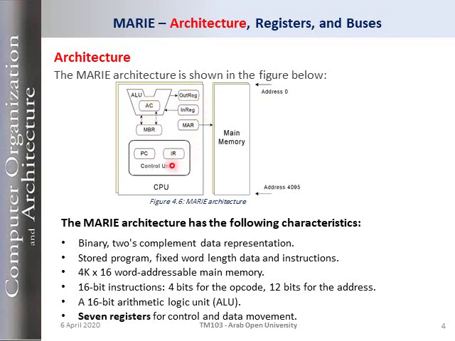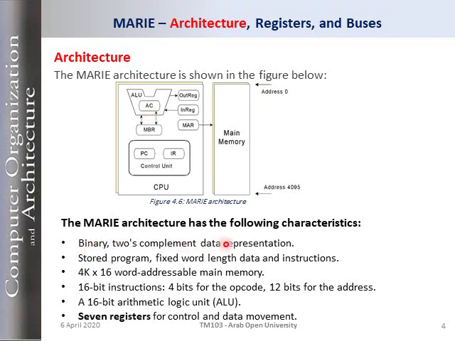We have 7 different registers. Each register has a specific job: program counter, instruction register, memory buffer register, memory address register, input register, output register, and the accumulator. We will talk about each one of them in detail through the lecture.